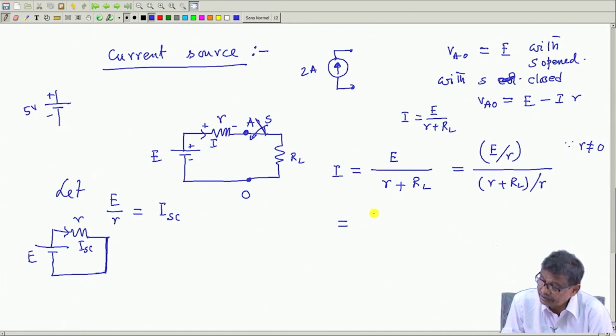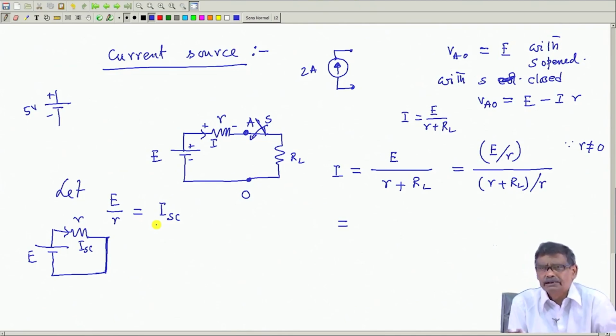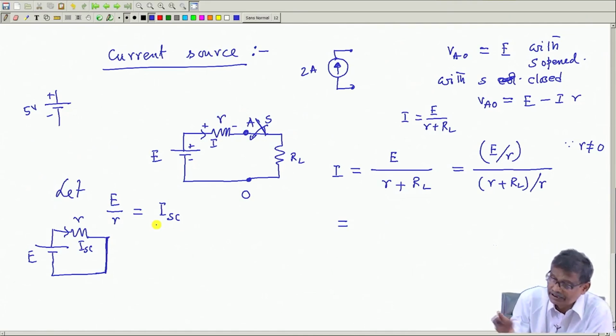So, this current is a fixed current and is decided by the battery parameters. No load is going to change this value. I am not short circuiting it, but I am telling if you short circuit the battery terminals, whatever current it will deliver, that current is ISC.